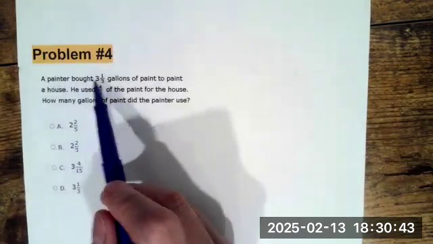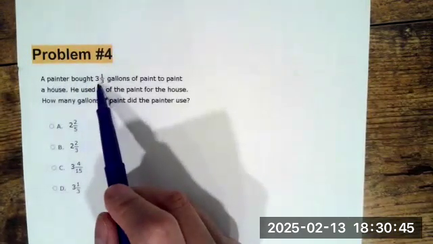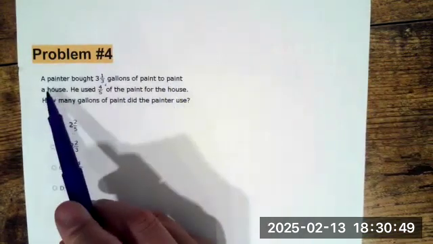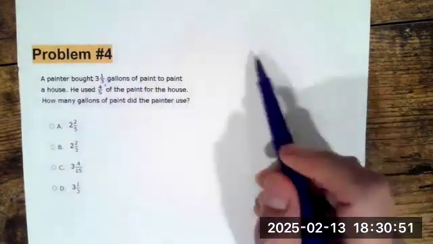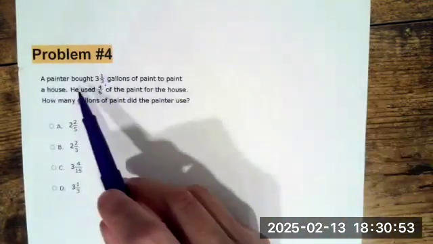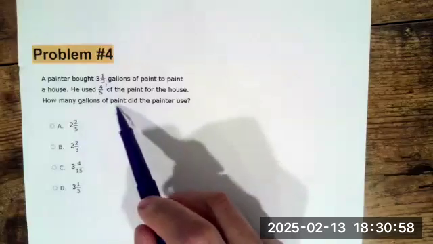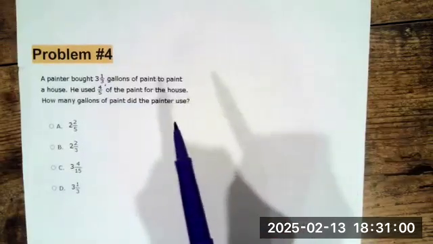A painter bought a total of 3 1/3 gallons of paint to paint a house. He used 4/5 of the paint for the house. How many gallons of paint did the painter use?